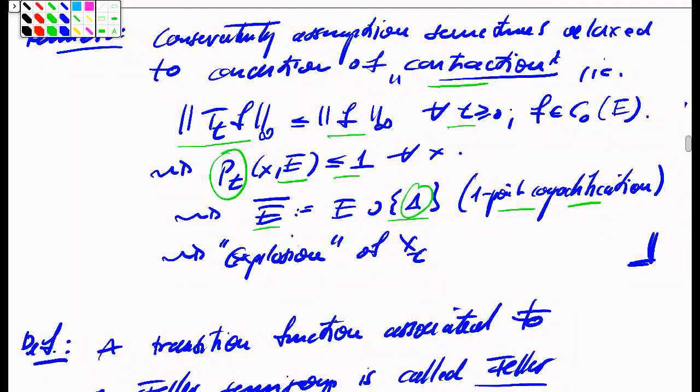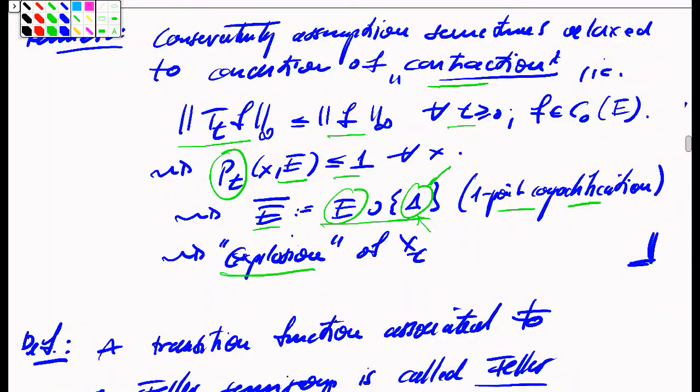And then we obtain, in the end, a Markov process which assumes values in this extended space, where this additional artificial point is what's called a cemetery. It indicates the fact that the process has left the initial state space E and has assumed the value delta, from which it will no longer return.